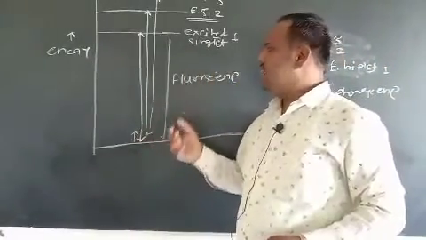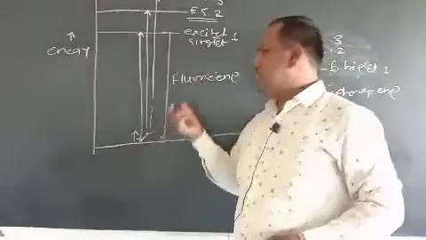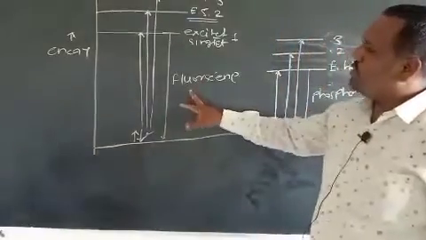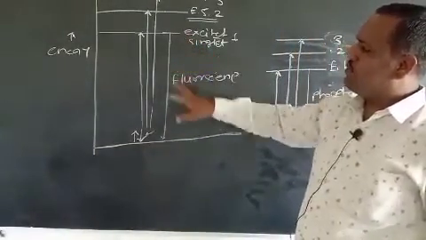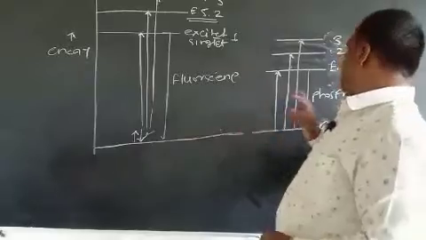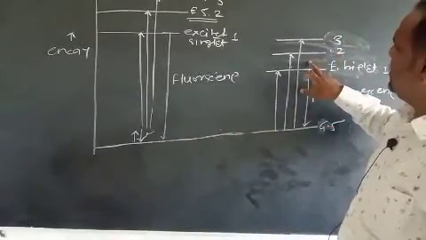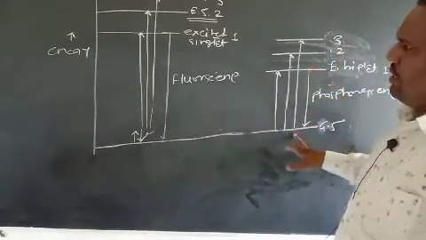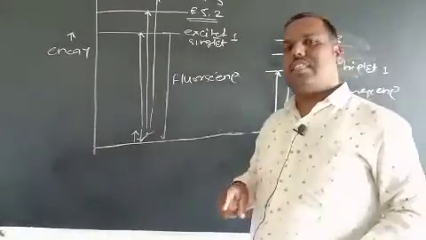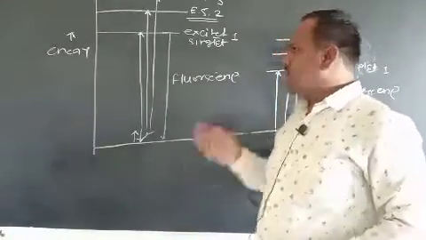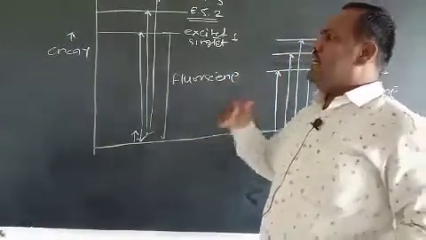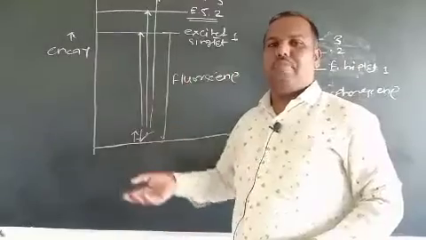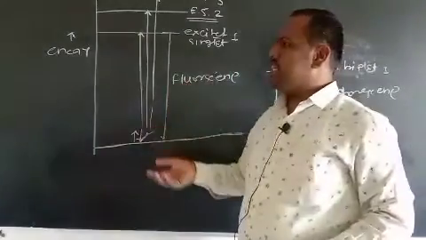It requires more time as compared to fluorescence. So fluorescence occurs from the excited singlet state to the ground state, while phosphorescence occurs from the excited triplet state to the ground state. Both processes are considered radiative processes, because in both the radiations are emitted, or light is emitted.